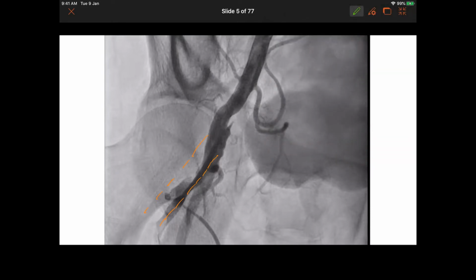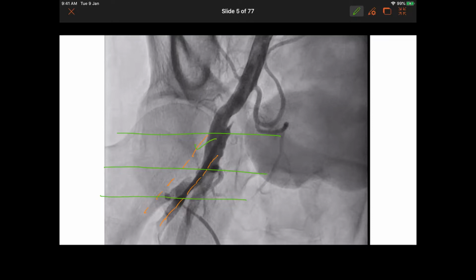So the common femoral artery's orientation is almost in the central part of the head of the femur.